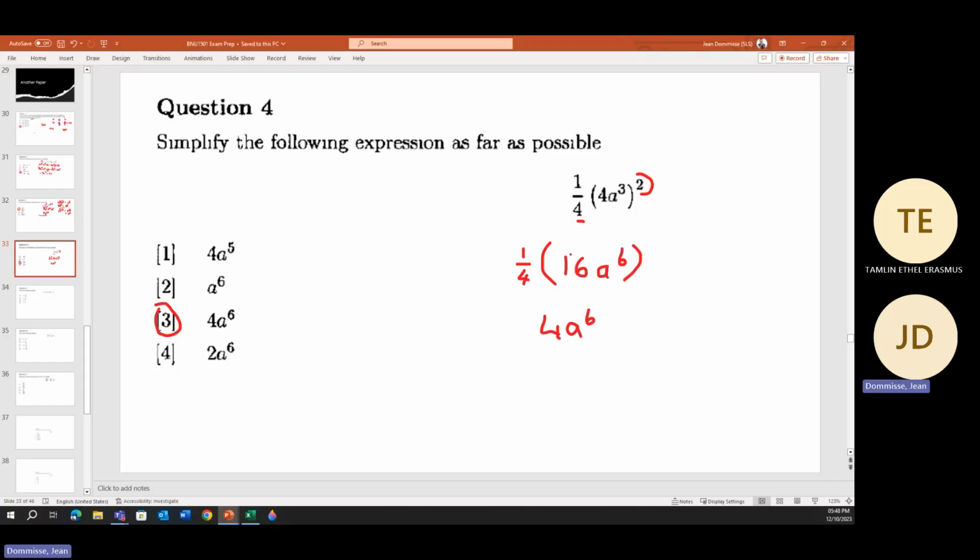3. If you said in this instance for A3 and you just said 3 plus 2, you would have gotten the 5. But remember, the easy way not to make a mistake with this is to say, okay, but it's 4a to the power of 3 times 4a to the power of 3.